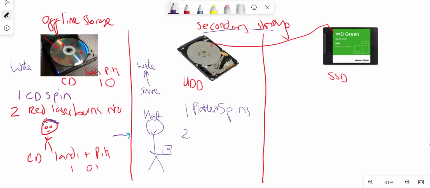Now, this platter is split into different sectors. On this sector, Hart has a movie. Hart loves the movie, what does Hart love? Jumanji. So that's where it's saved on his computer, Jumanji. Hart also loves to play video games like Roblox.